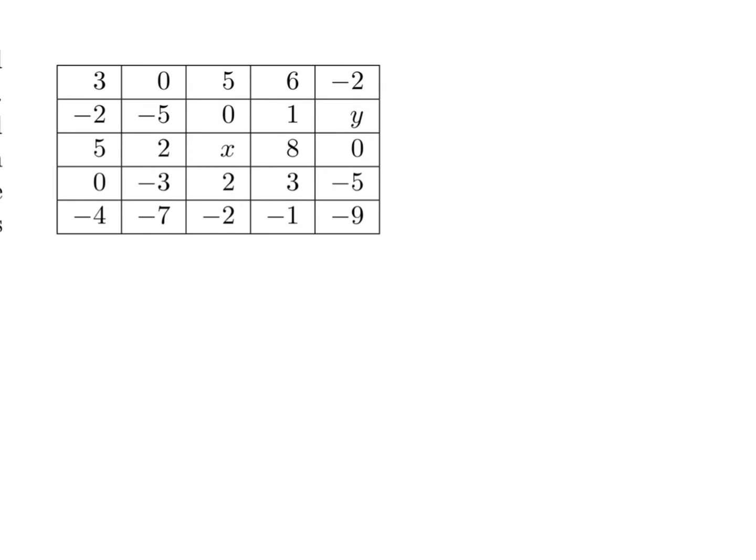Okay, so the first thing I did was look at this. I said, okay, A, B, C, D, E, these are the values assigned to those rows. So this is row 1, right? Row 2 is B. And similarly, the columns, whatever letter you want to use, F, G, H, I, J, those are the values assigned to those columns.